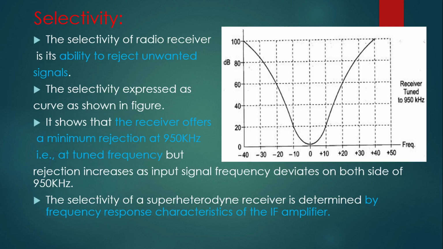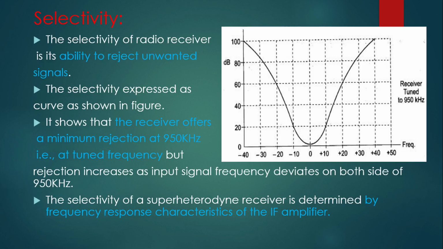So, fidelity of a receiver depends upon the frequency response of the AF amplifier, just as selectivity depends upon the IF amplifier.